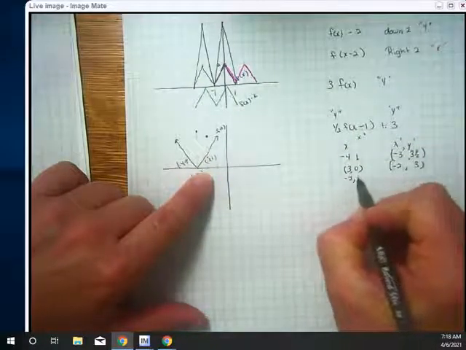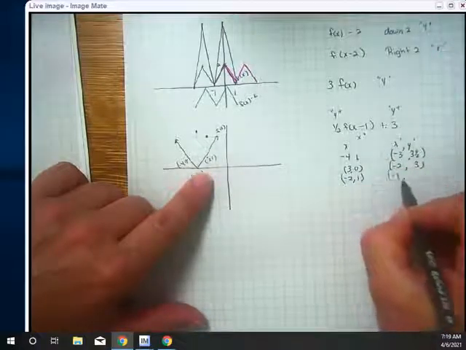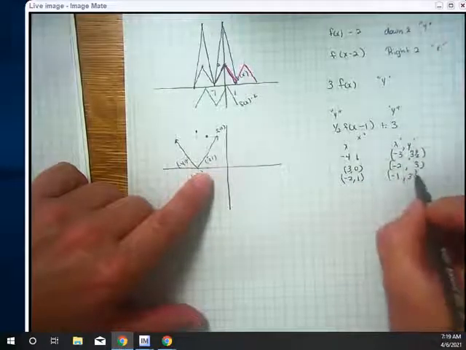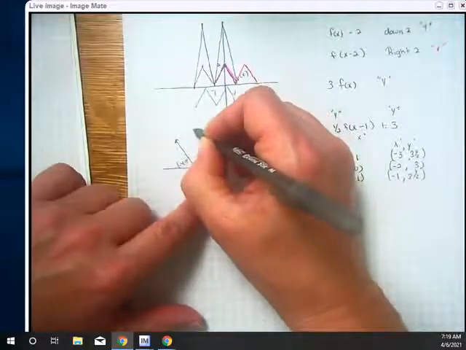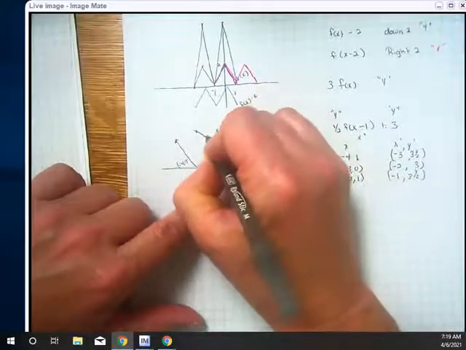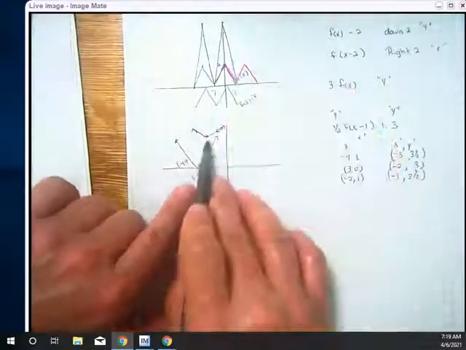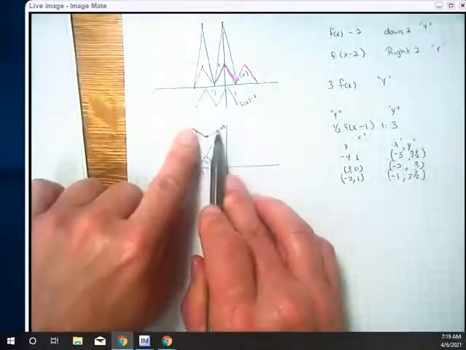My point negative 2, 1: I will add 1 to x. Half of 1 is a half, plus 3 is 3 and a half. As you can see, this graph has been vertically moved up, but it also has been widened.